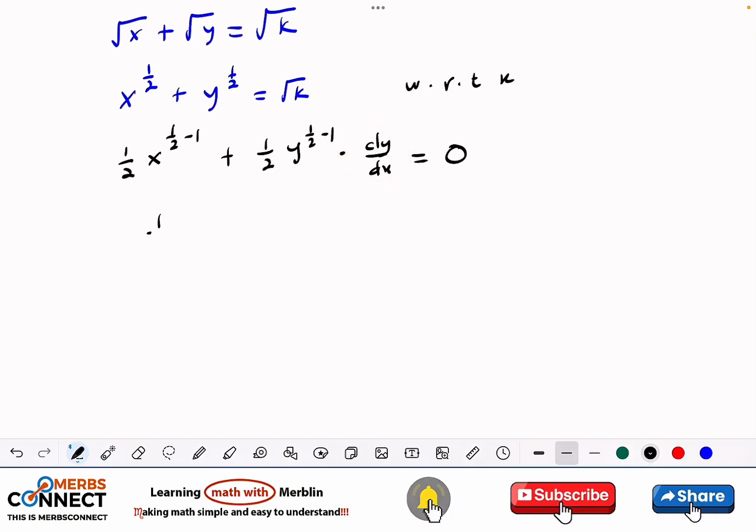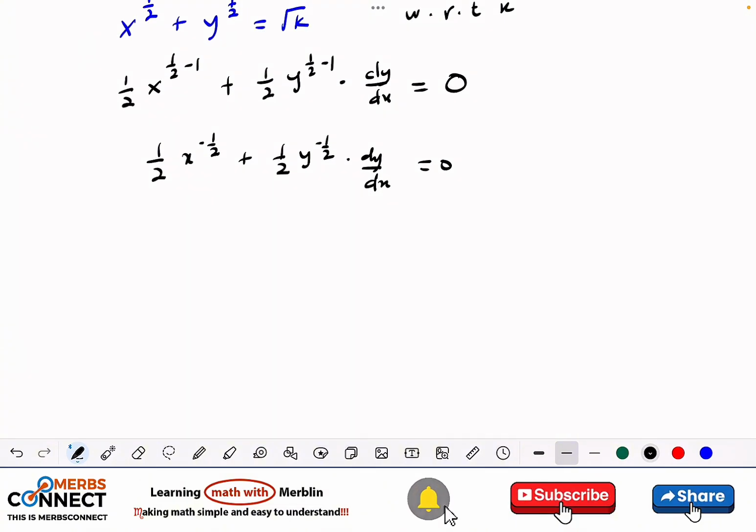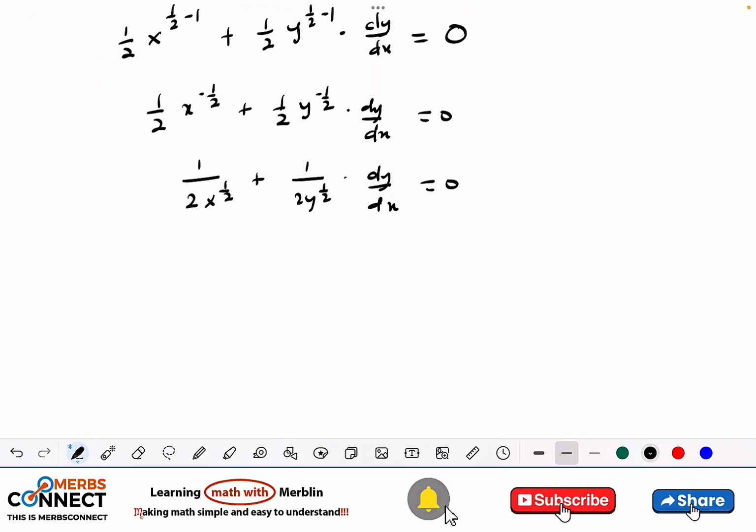Simplify: this is 1 over 2 x to the power minus 1 over 2 plus 1 over 2 y to the power minus 1 over 2 times dy over dx is equal to 0. I think this is the same as 1 over 2 root x plus 1 over 2 root y times dy over dx is equal to 0.